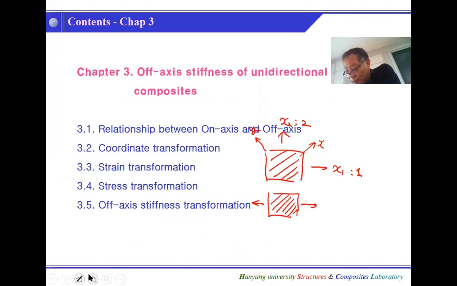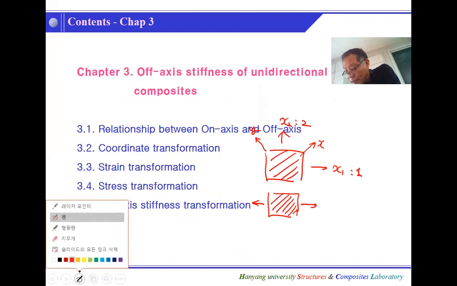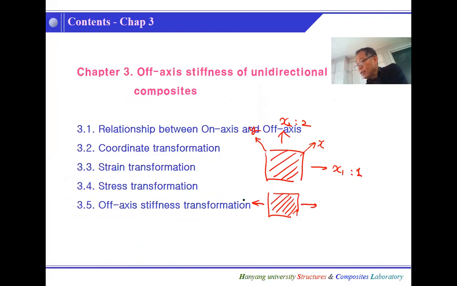You can estimate: certainly there will be certain strain in this direction, and there will be certain shrinkage in this direction, but at the same time, this would have a shear strain.